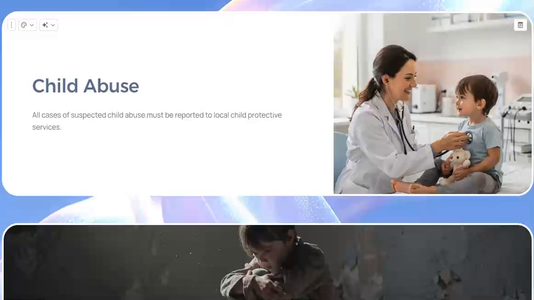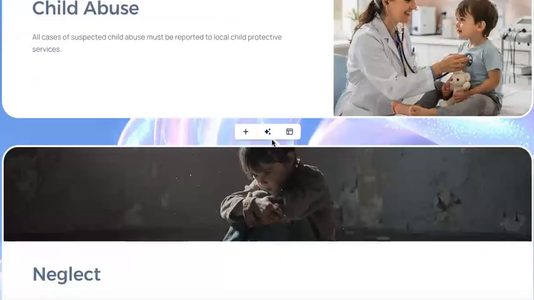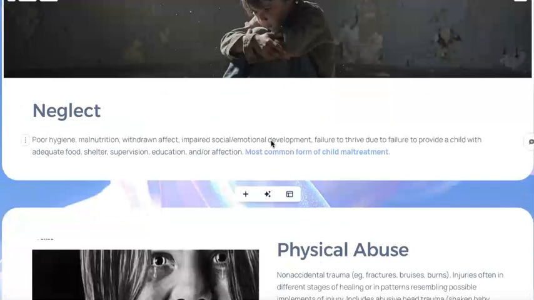Child abuse. All cases of suspected child abuse must be reported to local Child Protective Services. And now, neglect. Neglect is the most common form of child maltreatment, and neglect means not giving proper nutrition, not maintaining proper hygiene, because of which there will be withdrawn affect.